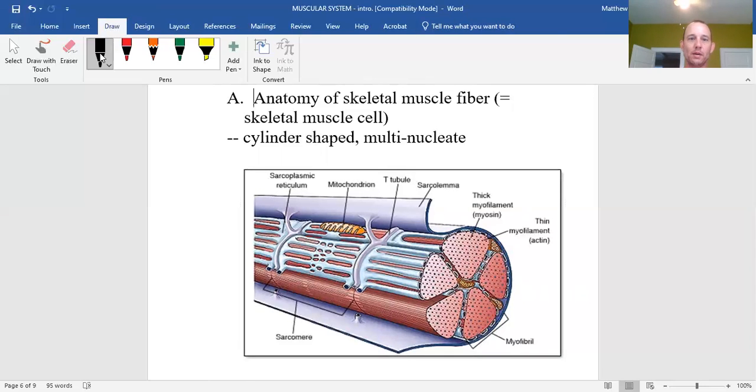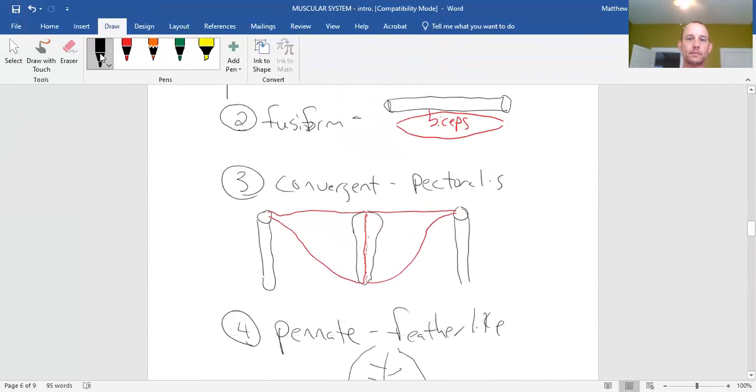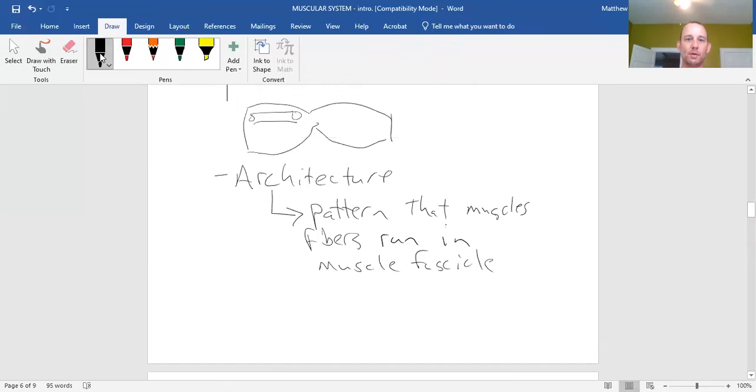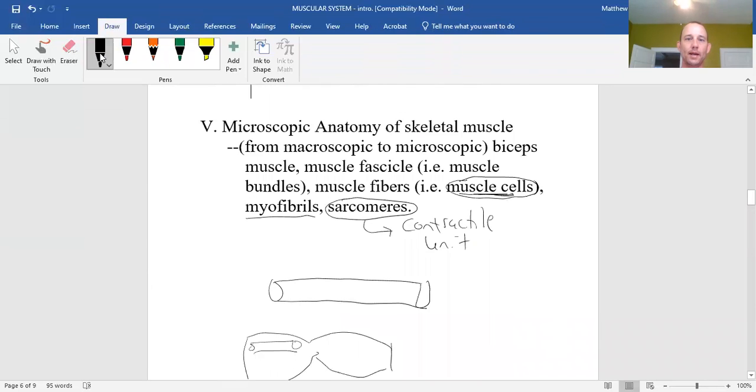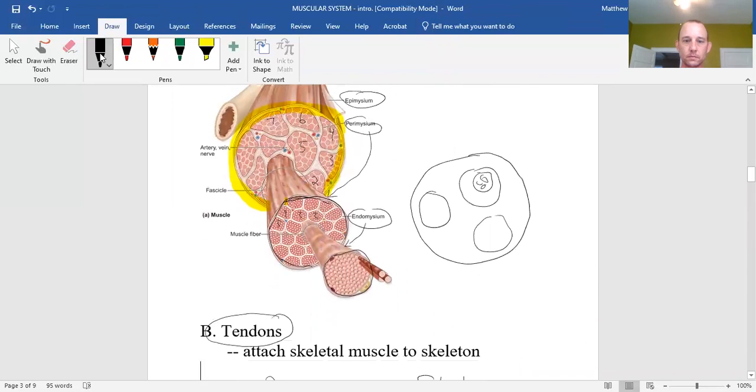So now, in the picture you see right there, I have zoomed in on a single skeletal muscle.